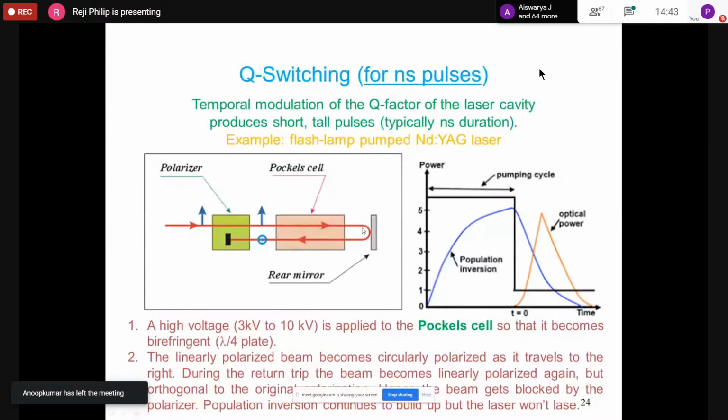You might know that for stimulated emission to build up in a laser cavity, it requires several round trips, multiple round trips like this. But that is getting stopped because of the shift in the plane of polarization. So what you do is you excite your laser medium by a flash lamp or something, and the population inversion builds up.